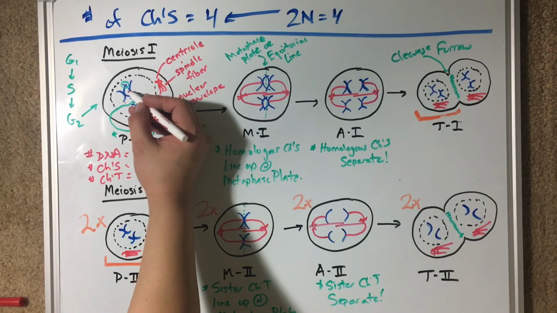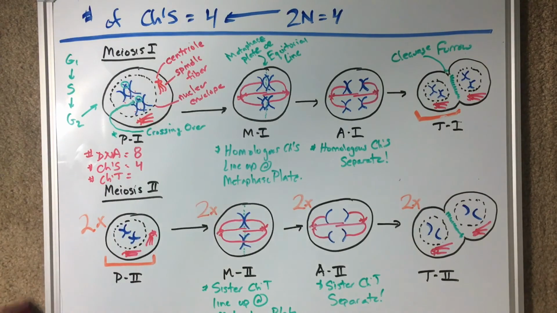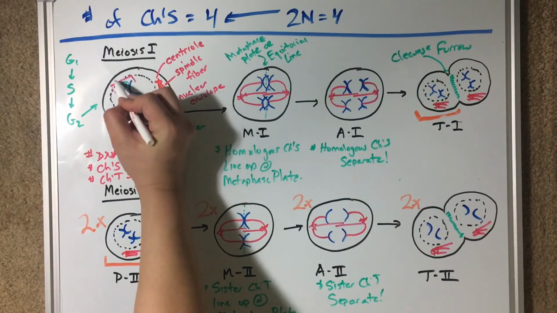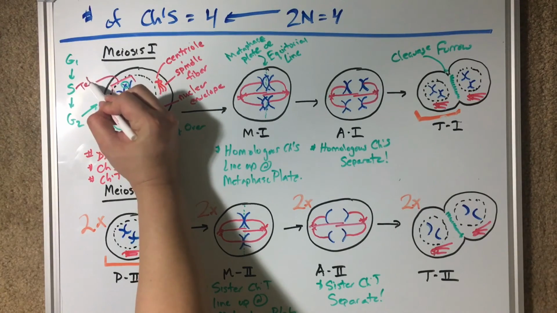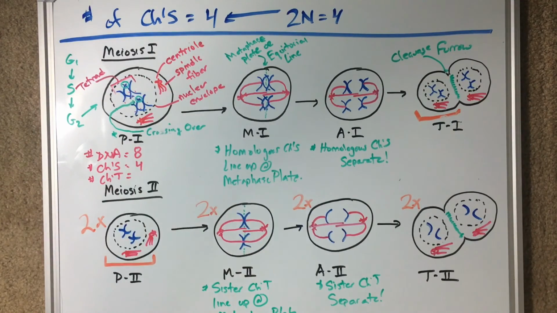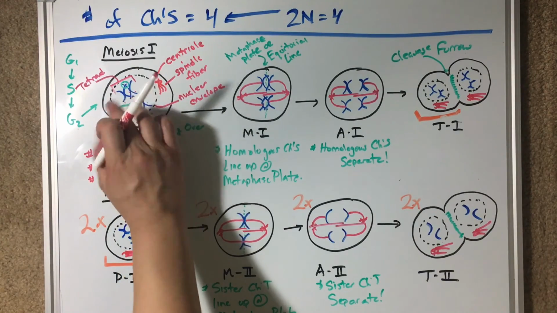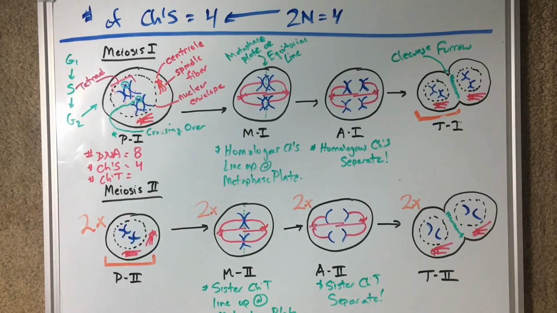So therefore, we still consider these 2 separate chromosomes. And in addition to that, there's an old-fashioned term to describe this coupling here. You might hear it being called a tetrad. Just so that you guys know. But we still have 4 chromosomes total.